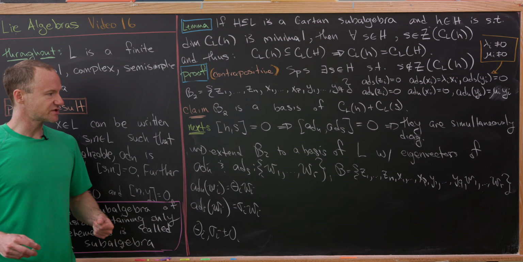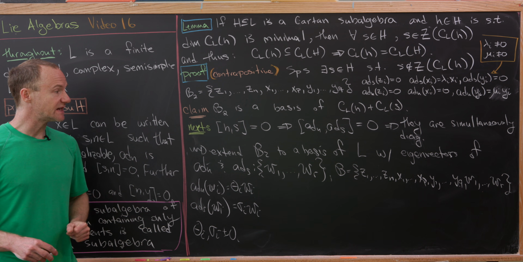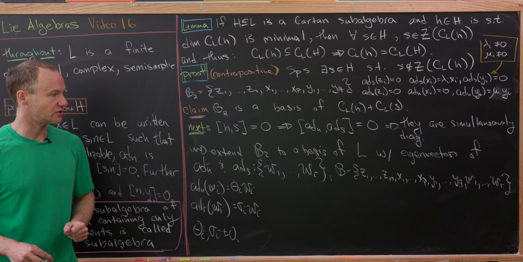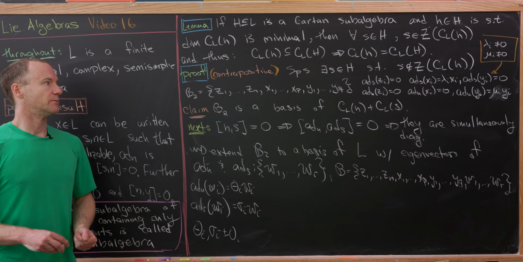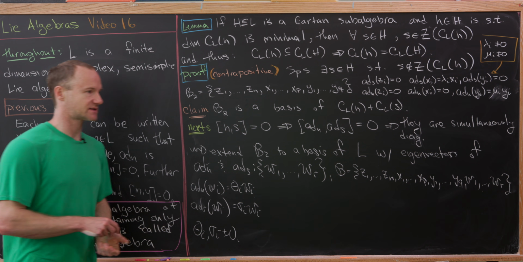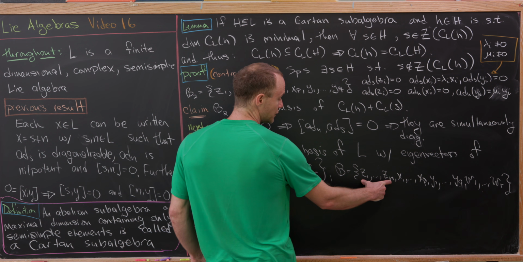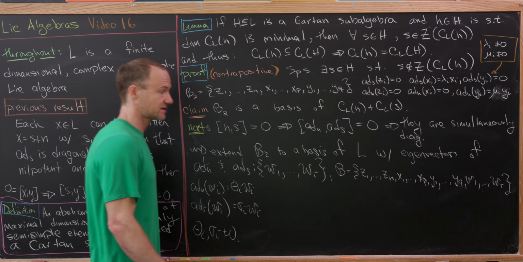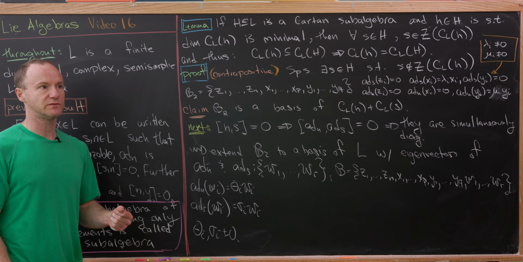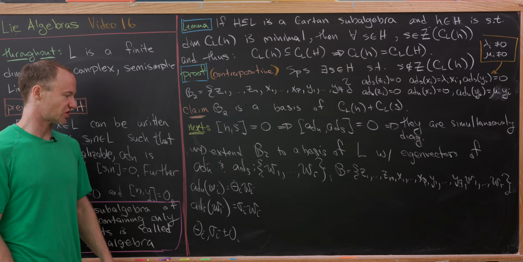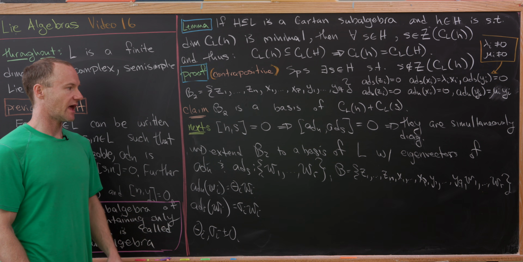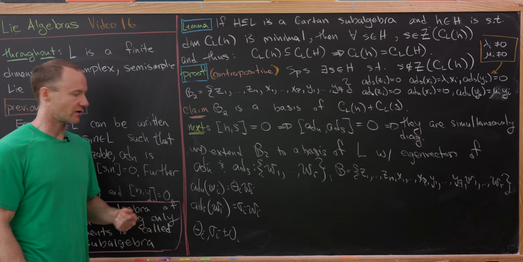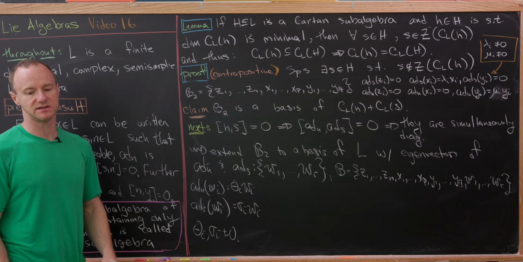So I think what's interesting here is we're decomposing this basis into 4 pieces based off of H and S. A piece that commutes with both H and S, a piece that commutes with exactly one of H and S, and a piece that commutes with neither H nor S, this piece that is the W's.